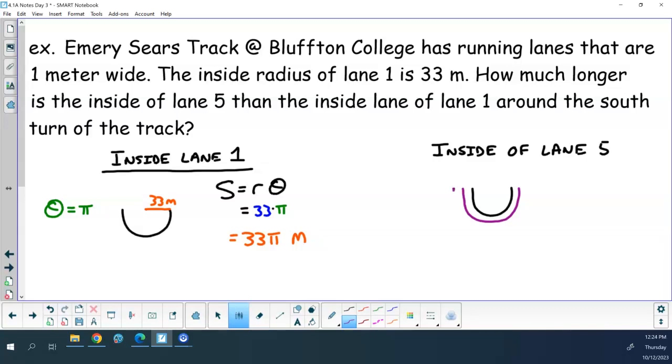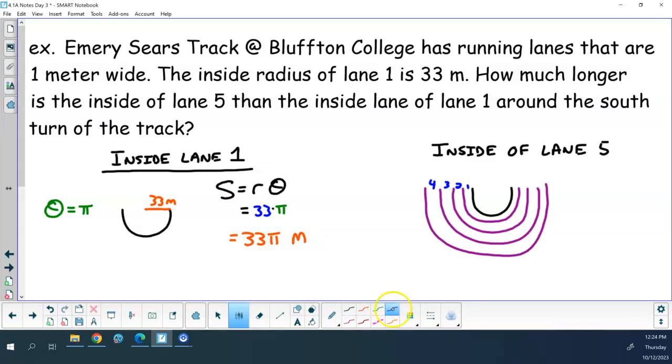Here is the outside of lane 2, or the inside of lane 3. Outside of lane 3 is the inside of lane 4. You forgot that key word. The outside of lane 4 is also the inside of lane 5.